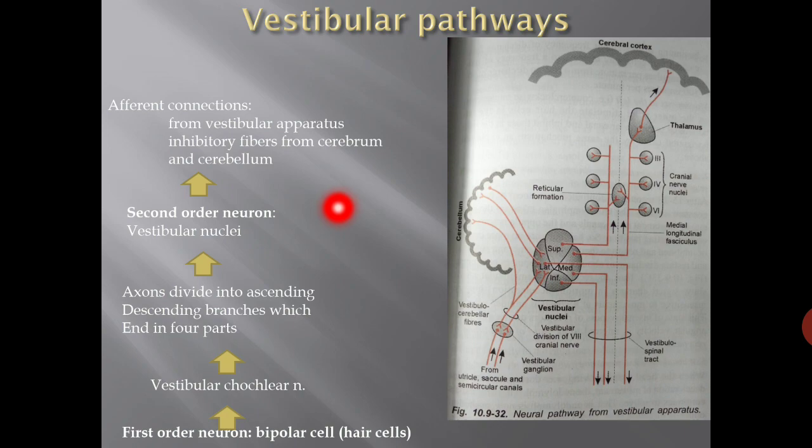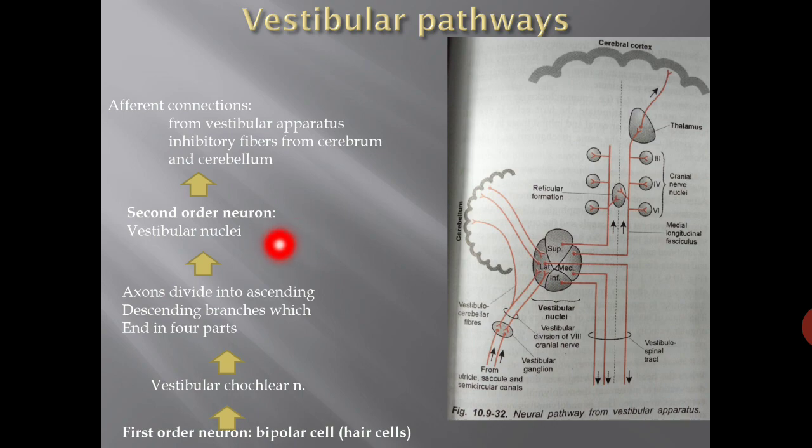For practical purposes, the four vestibular nuclei are treated as a single functional unit, and these vestibular nuclei form the second order neuron.